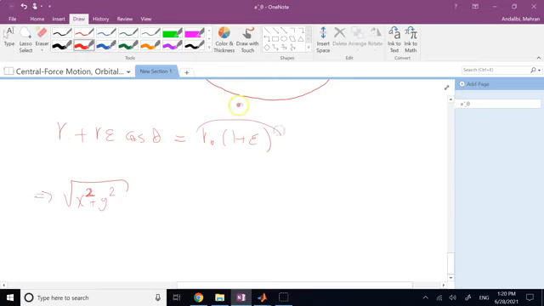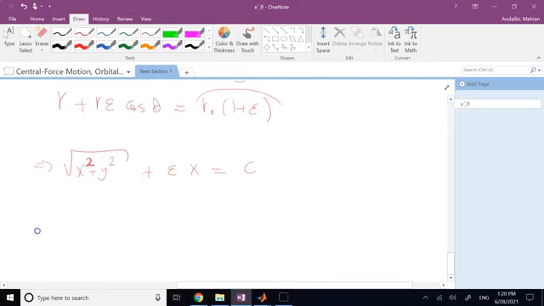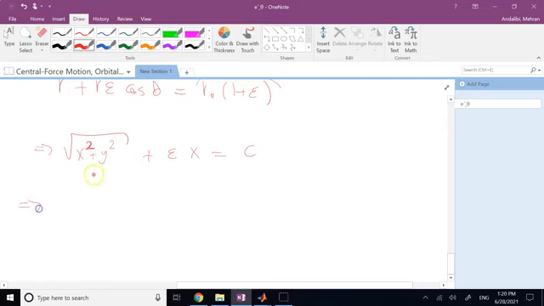If you call this whole thing constant c, and you know r cosine theta is x, this is going to be plus epsilon times x equal to constant c. Now you need to take epsilon x to the other side and square them. Then you will get x squared plus y squared is equal to c minus epsilon x, the whole thing squared, which is c squared plus epsilon squared x squared minus 2 epsilon c x.